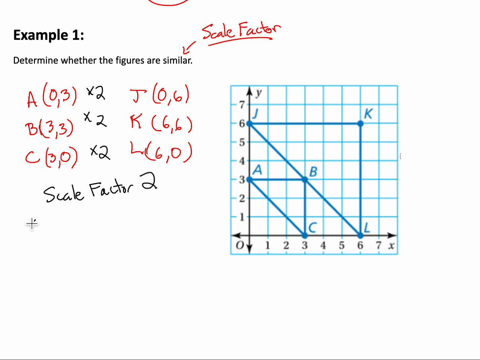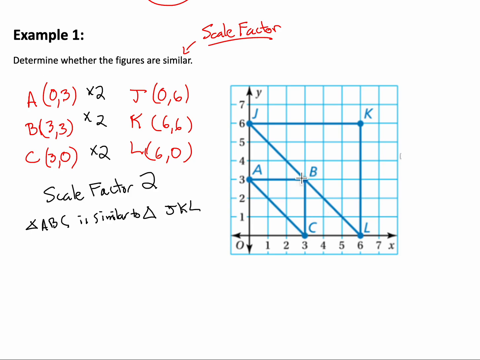So triangle ABC is similar to triangle JKL. And remember, it has to be in that same order with those corresponding points, or corresponding angles and corresponding sides.